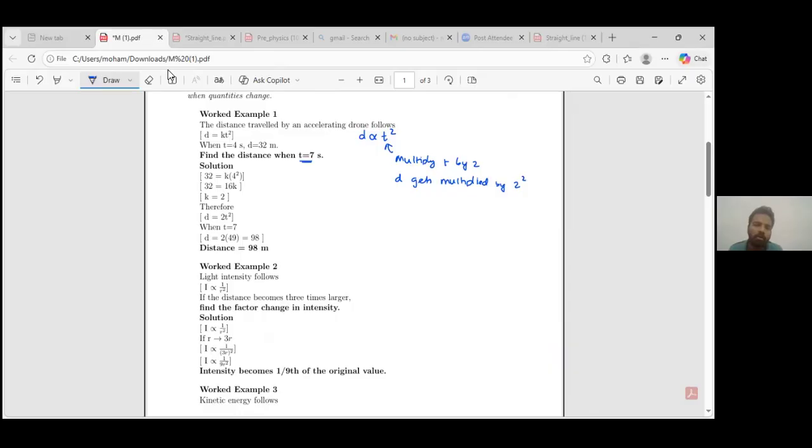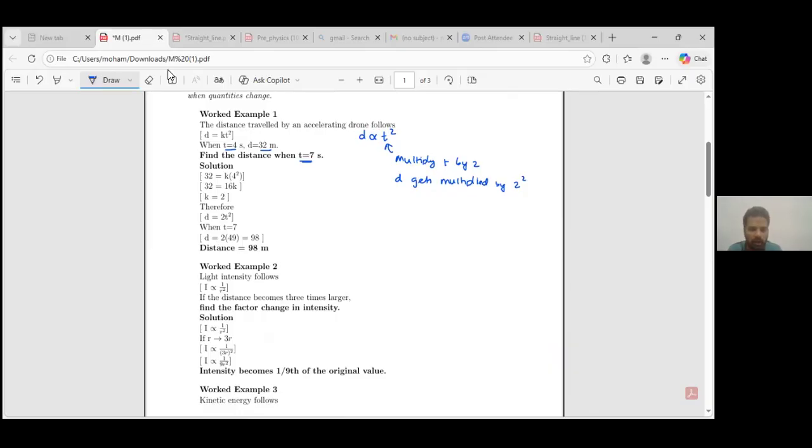Let's see how we can work this out. Here they have given a certain method. We can do it in a shorter way as well, so we'll consider that also. First, we'll focus on this. It's given d equals 32 meters and t equals 4 seconds.